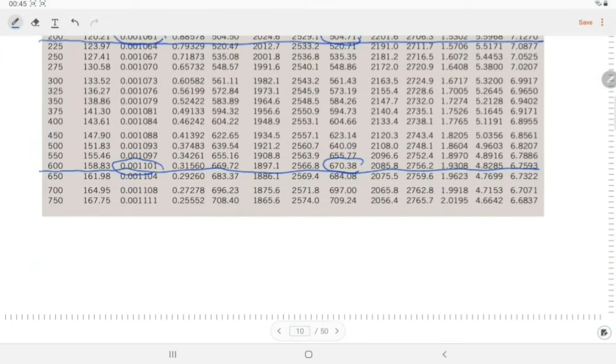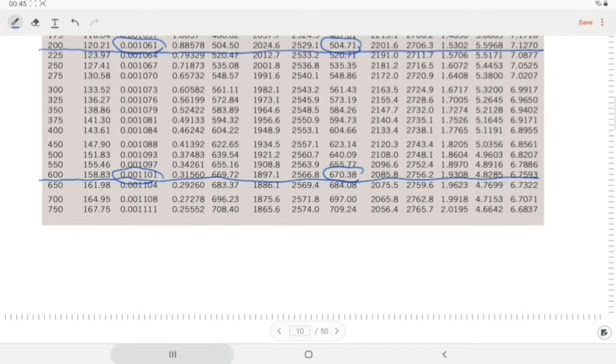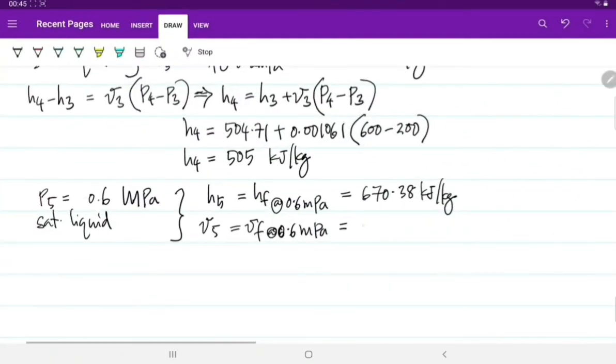Direct from the steam table, 0.001101 meter cube per kilogram.